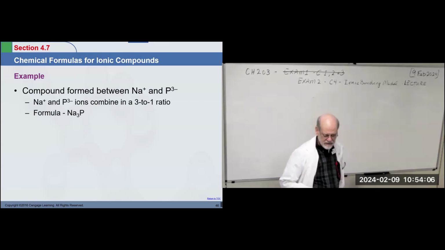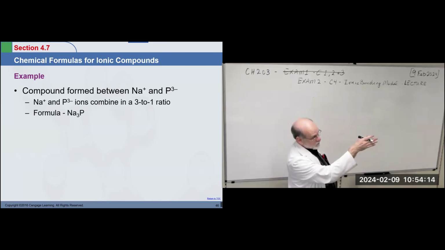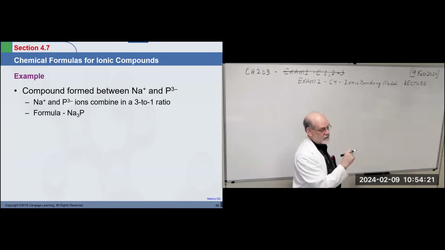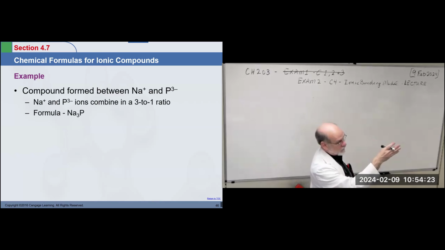So if we were to write, sodium is a metal, phosphorus is a non-metal. When they form a compound, phosphorus is in that group with nitrogen, and it tends to gain 3 electrons. If you add 3 electrons, you go phosphorus, sulfur, chlorine, argon. 3 steps, you're at noble gas.